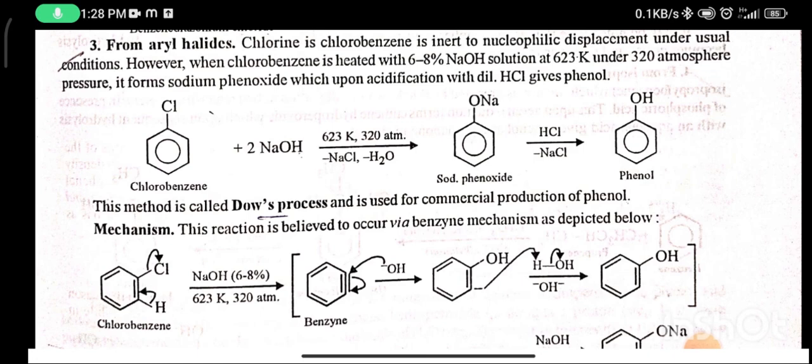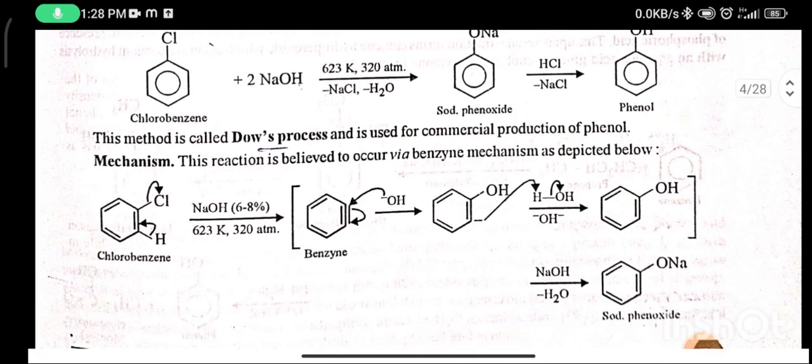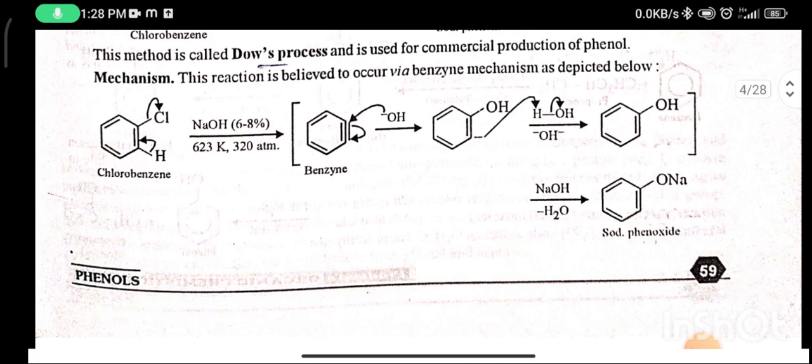Chlorobenzene reacts with 2NaOH at 623 Kelvin, 320 atmosphere, giving NaCl plus H2O, and the product is sodium phenoxide, which again reacts with HCl and forms phenol. This method is called the Dow method and is used for commercial production of phenol.